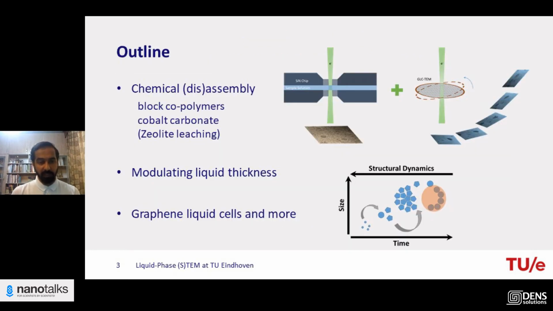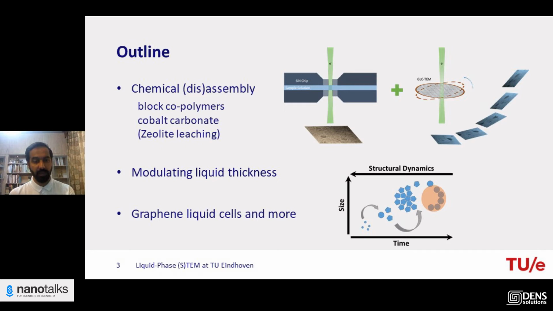The outline of my talk today includes these 3 sections. The chemical assembly, I will give you 3 examples about block copolymers, cobalt carbonate, and zeolite leaching. Then I will talk about modulating the liquid thickness and a little bit of image processing that needs to be done to quantify the results from our experiments.